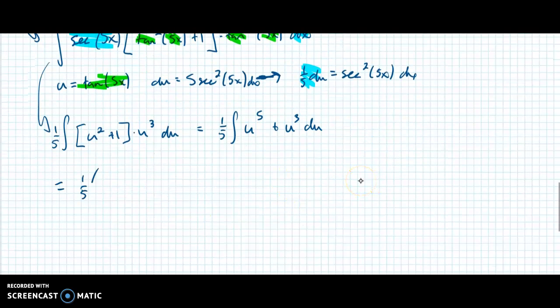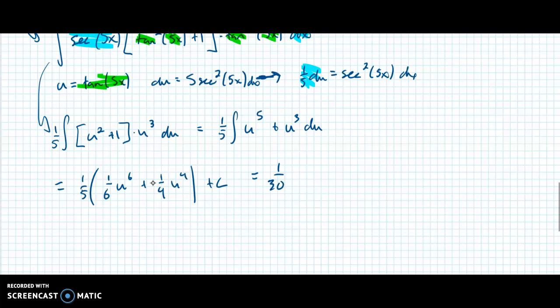And then that's really easy to integrate with the power rule. It's 1/5 open parentheses, 1/6 u to the 6th plus 1/4 u to the 4th, close, plus a constant, which gives me, I'm going to move that 1/5 in, 1/30 u to the 6th plus 1/20 u to the 4th plus a constant.